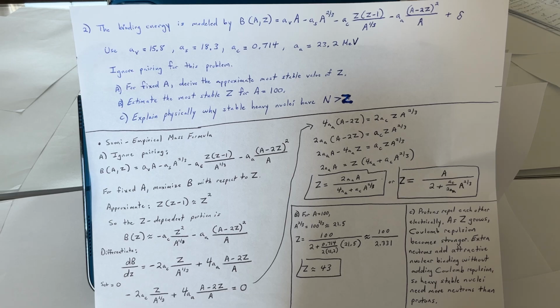Extra neutrons add attractive nuclear binding without adding Coulomb repulsion. So heavy stable nuclei need more neutrons than protons. Okay, so that takes care of letter C.